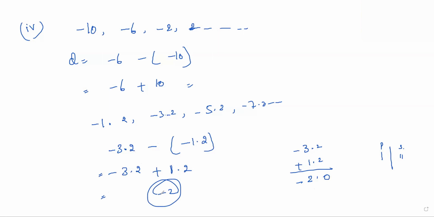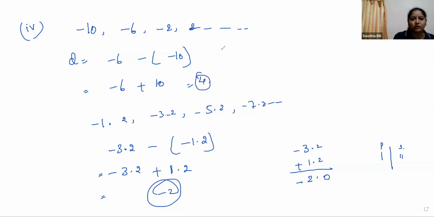So you will get D as minus 2 for all the terms. Okay, so they are forming an AP. What about this one? Fourth sum, 10 minus 6 is 4. And what about A3 minus A2, which is minus 2 minus 6?